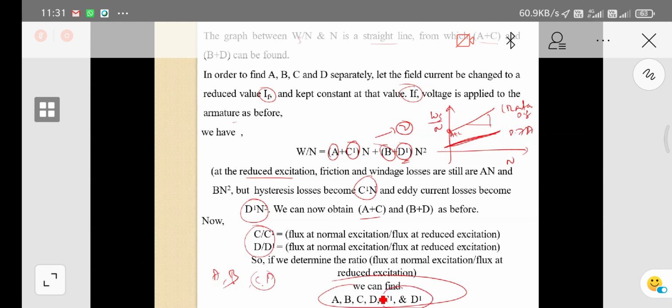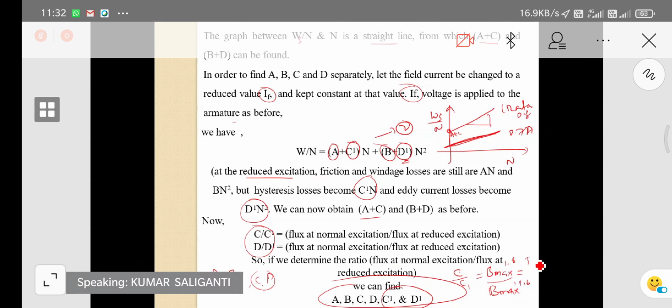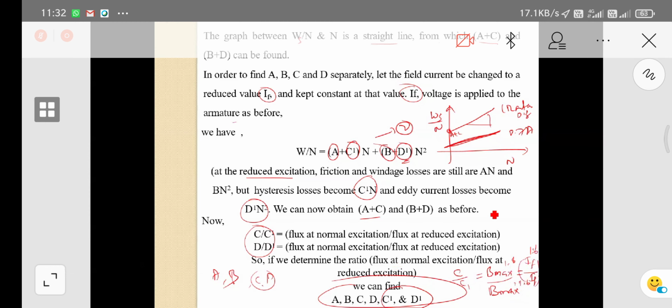But what about C dash and D dash? We have another formula. C by C dash equals B max to the power 1.6 over B max dash to the power 1.6, which is equal to IF by IF dash to the power 1.6. Next, D by D dash equals B max square over B max dash square, which is equal to IF by IF dash whole square.